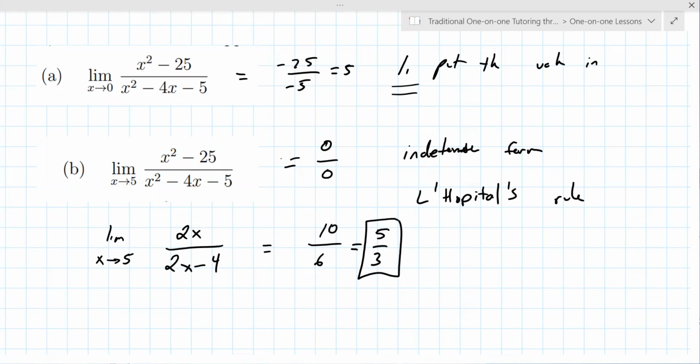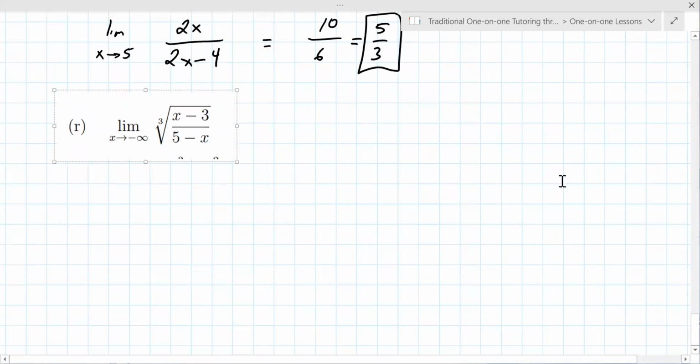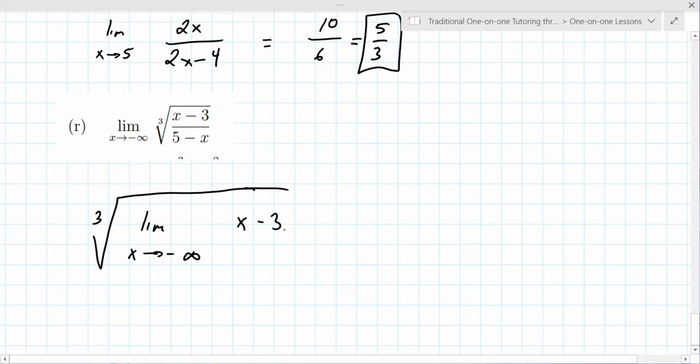Most of these limit problems where you used to have problems with indeterminate form become way easier. So you don't have to mess around with them as much. So a problem like this, which appears to be a pain, you can actually take the cube root out and just take the limit as x approaches minus infinity of x minus 3 over 5 minus x.